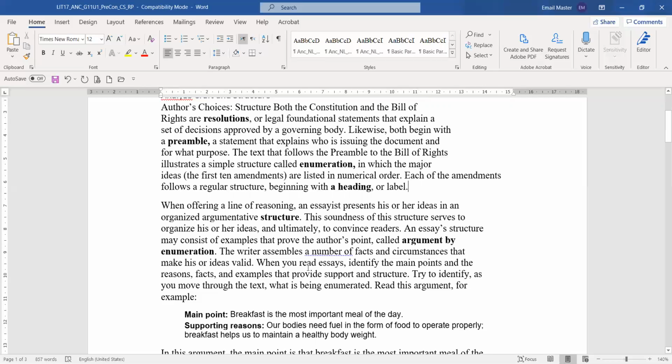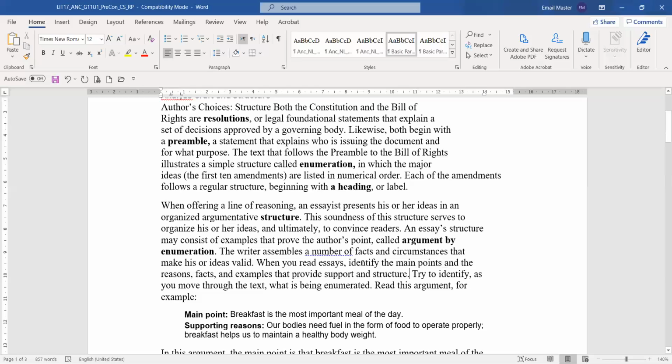An essay structure may consist of examples that prove the author's point, called argument by enumeration. The writer assembles a number of facts and circumstances that make his or her ideas valid. When you read essays, identify the main points and the reasons, facts and examples that provide support and structure. So this is very important.